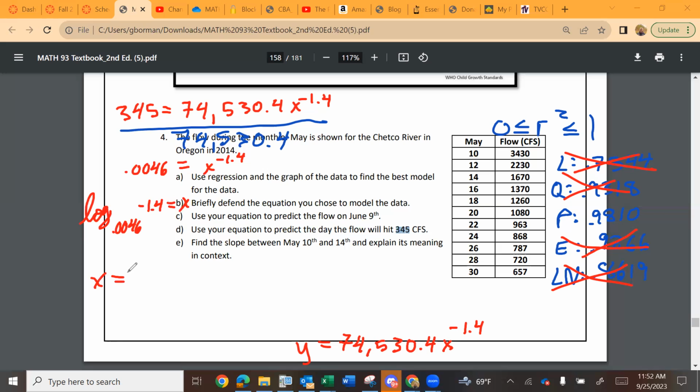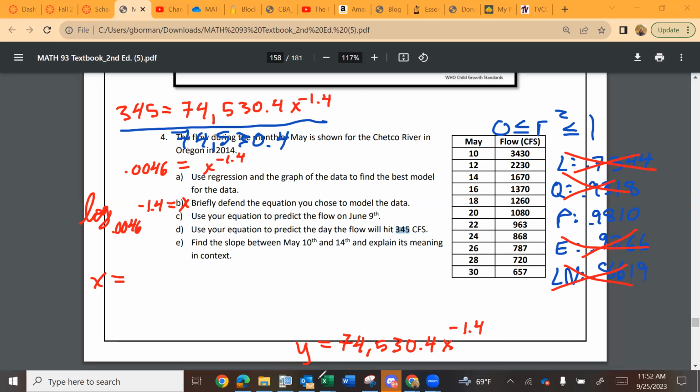So x is going to be, you know what? I'll just do it on my calculator. Okay, so I go, what was it? Alpha window 5. I'm going to grab that unrounded number, the 0.0046, plug that in for the base, and then negative 1.4.